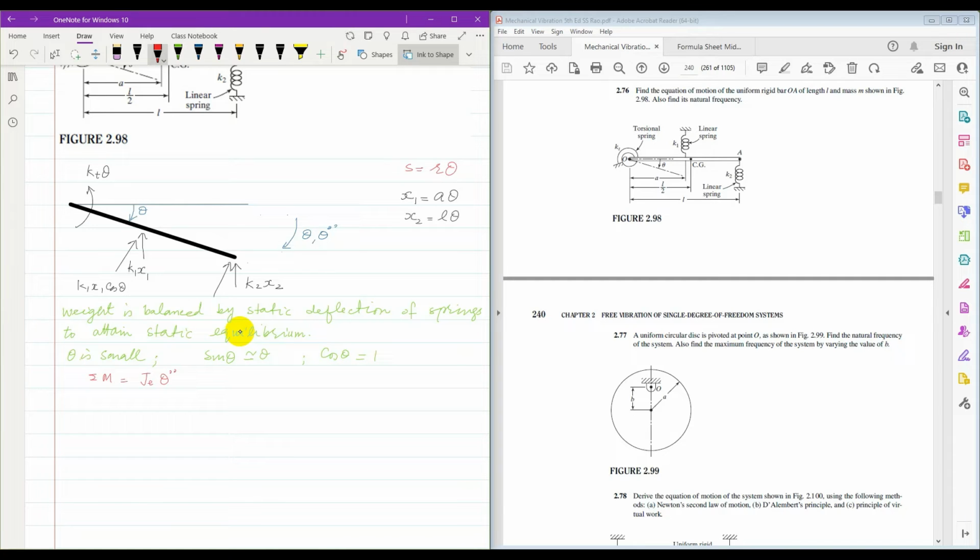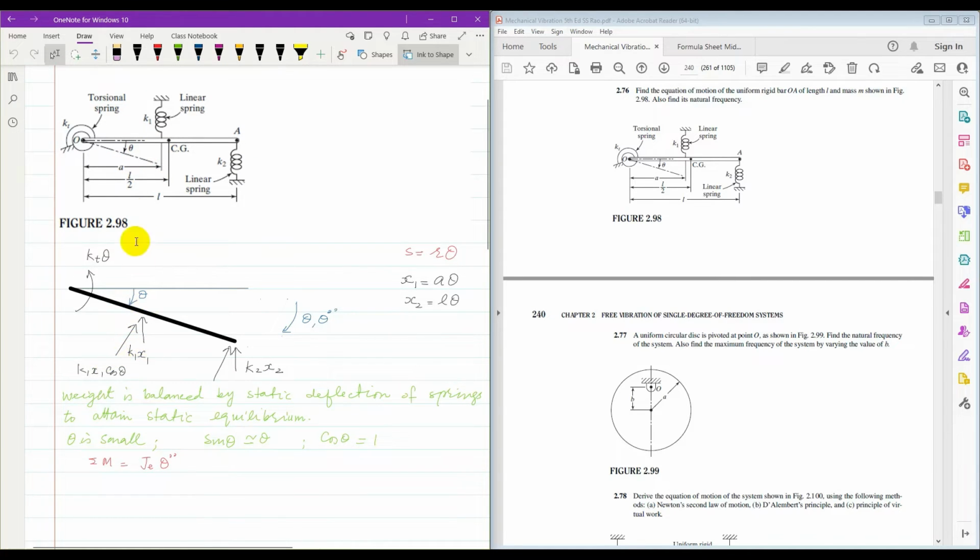In this case, one moment is Kt theta, the other is the moment due to K1 x1 cos theta, which is nearly equal to K1 x1 because we are assuming cos theta equals 1, times its moment arm a. The component of K2 x2 perpendicular to the rod is K2 x2 cosine theta.